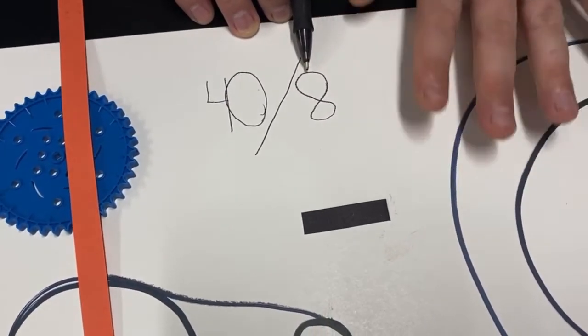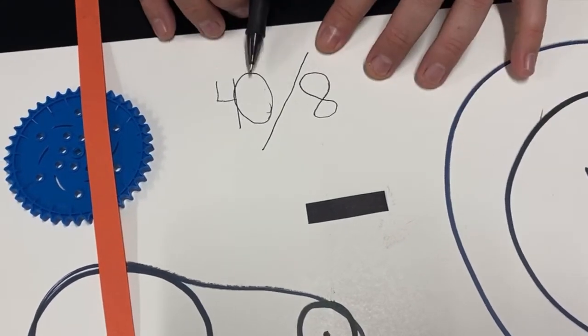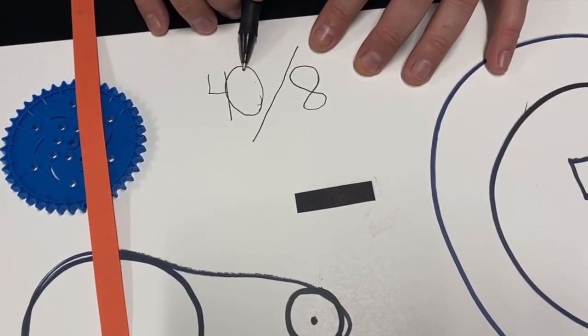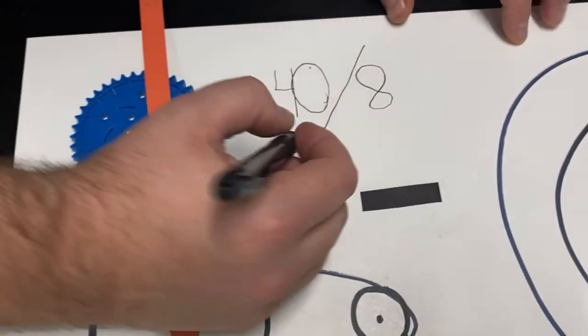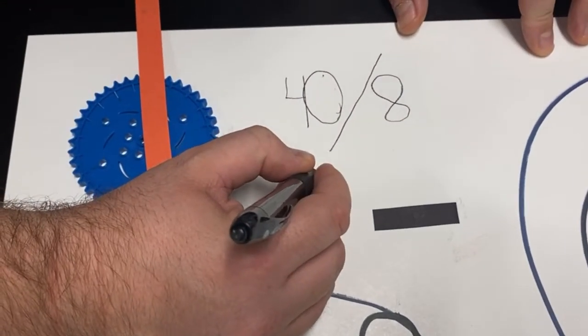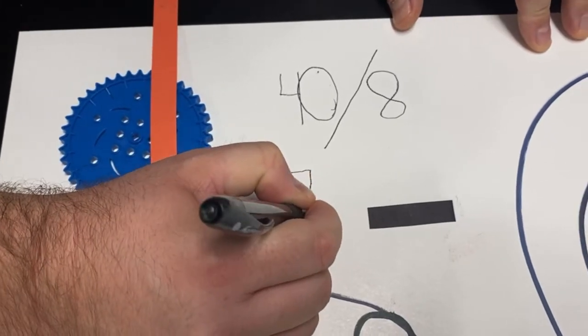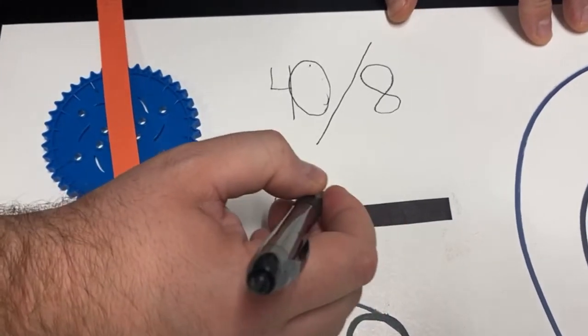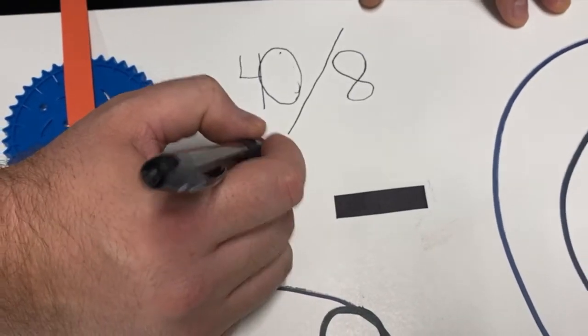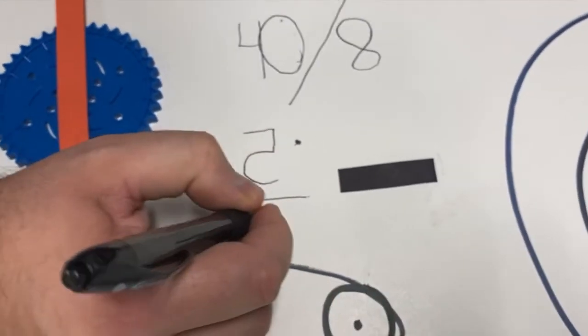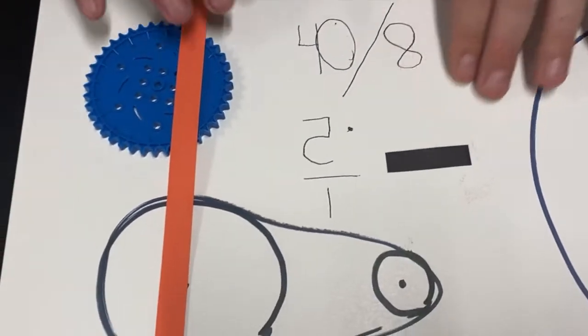Okay, so that's 5. So I have 5 over 1. Let's draw the 5 over 1. There we go.